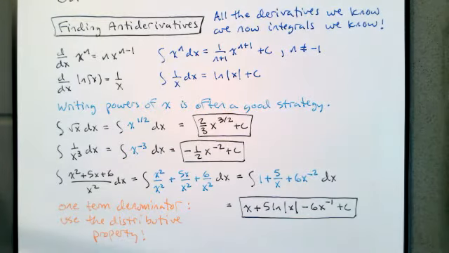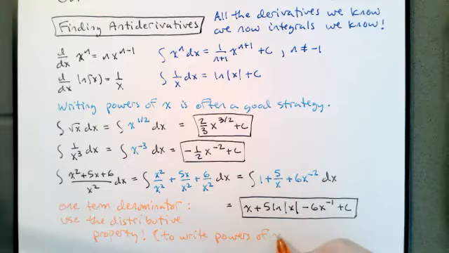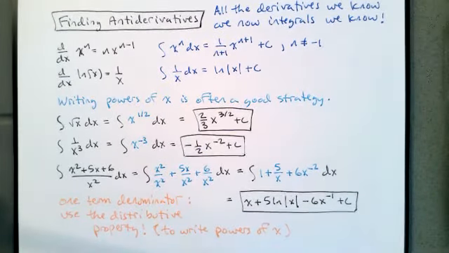So use the distributive property to write powers of x. You're right, we can always use the distributive property, but if there's more than one term in the denominator, it's not necessarily as useful. And it's not useful to write powers of x, which is what we wanted here.